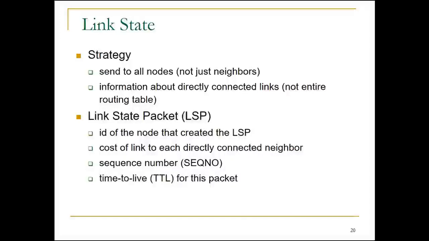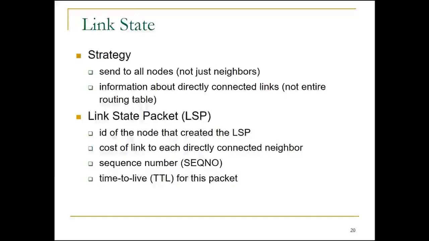We also do have link state packets where IDs of nodes are created, and then costs of links for each directly connected neighbor are assigned, and also using sequence numbers and time to live to handle the state of packets that are being moved across a particular link within a given network.